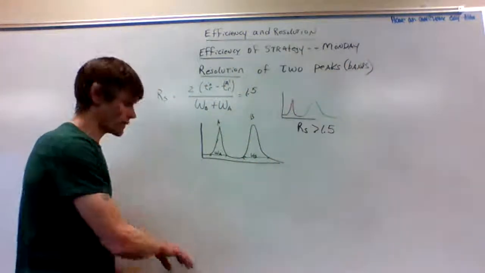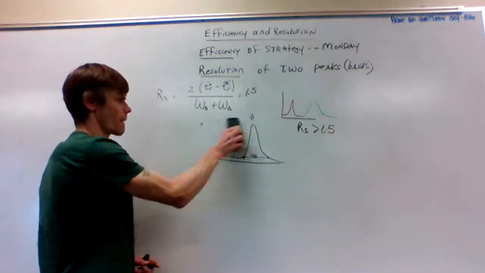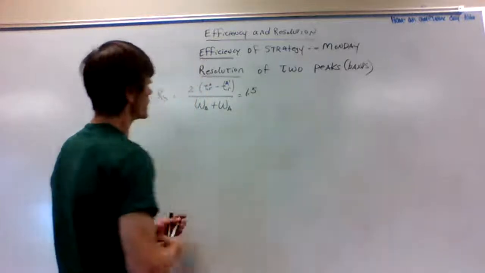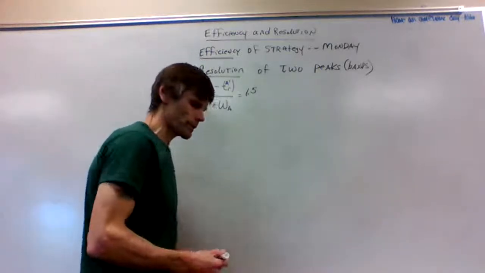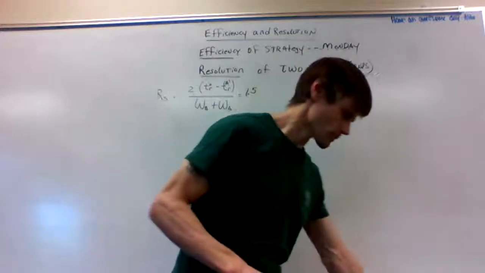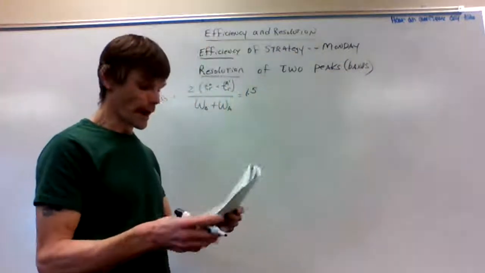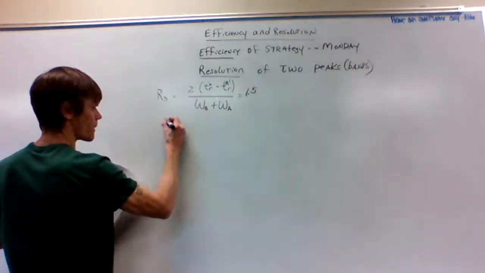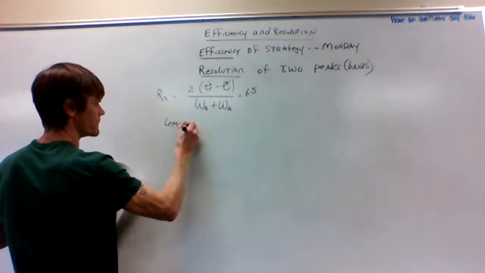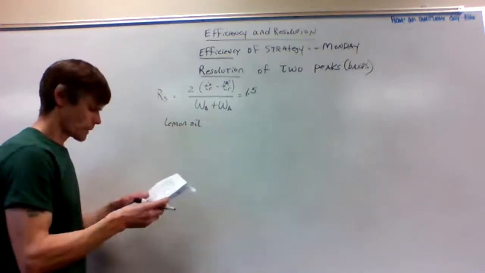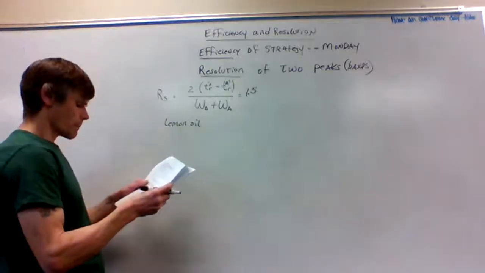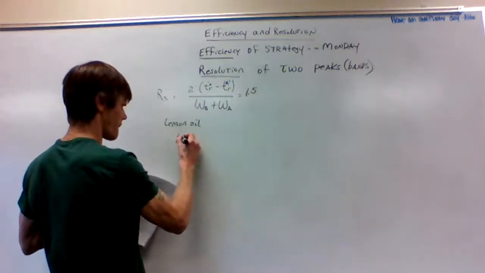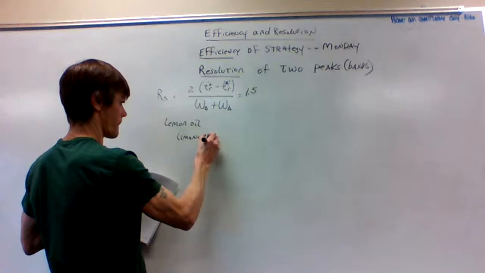Let's go through an example of using some information. Let's leave this equation up here. And here's an example from today's PowerPoint. We have a chromatographic analysis of two components. One is lemon oil, and lemon oil has a component in it named limonene.